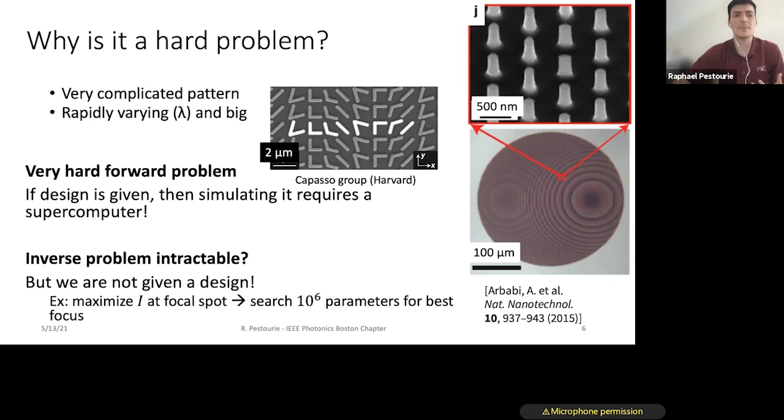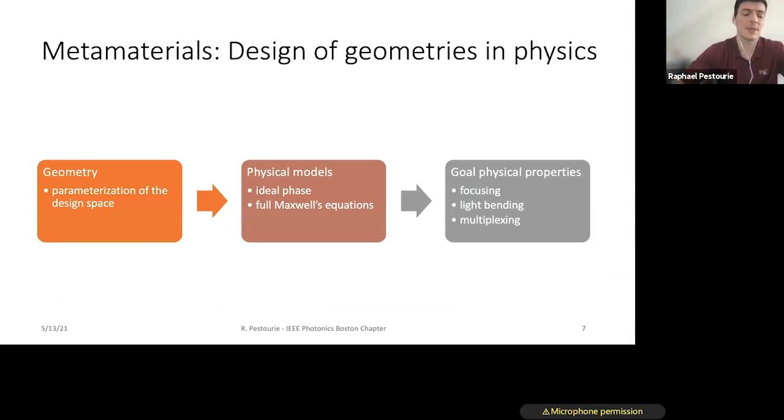Now let's step back a little bit. I would like to show a big picture of what design of geometries in physics looks like, and the different philosophies. It's important for metamaterials, which take their properties from their geometries. We start with the geometry, and the geometry usually is a parameterization of the space.